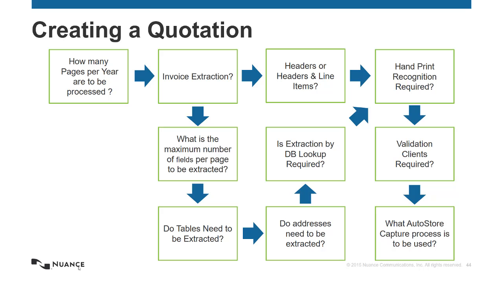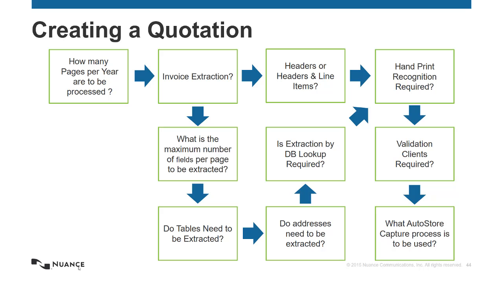When you're creating a quote for it, there are a number of questions that you can ask. So the first question, obviously, with it having a page count, is how many pages per year are going to be processed. That will give you the number of licenses that you actually require. The next question to ask is, is this invoice extraction? If it's invoice extraction, we're going to go to the right and say, is this header or header and line item?